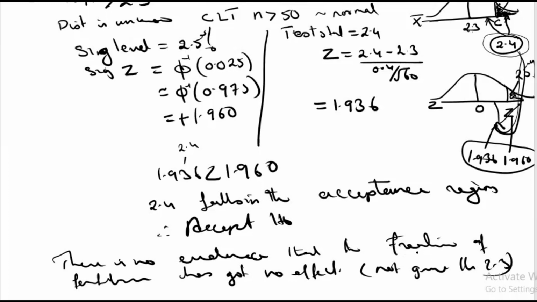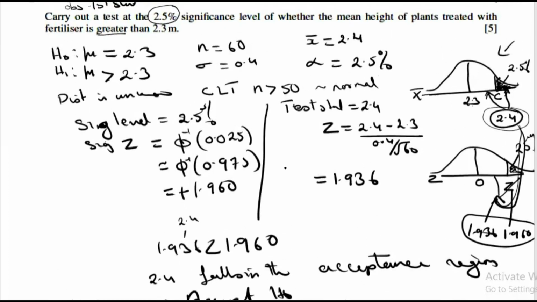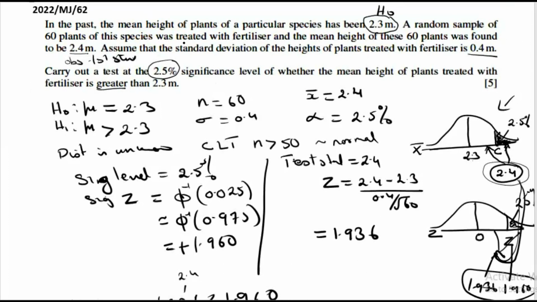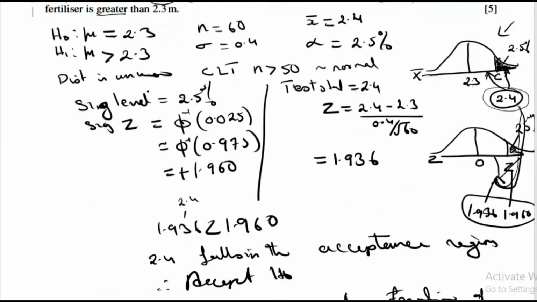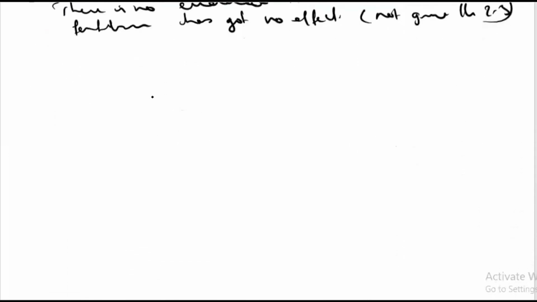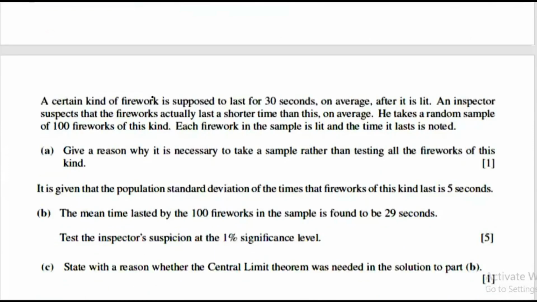As you like, you can write down the conclusions, but the main idea behind that is that there is no evidence that the species that was treated with fertilizers, in which the treatment has got no effect on the species. All right, so let's move on to the next question.